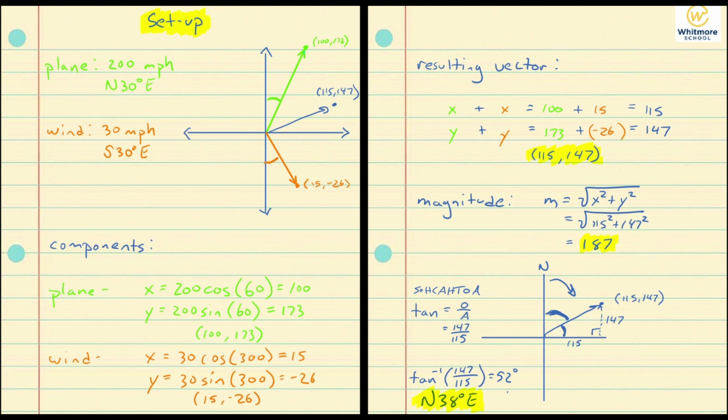We can go through this process the exact same way pretty much for all of these problems, finding the components of the plane, the components of the wind. Then we add the x components together to get the resulting x component. We add the y components together to get the resulting y component. And then I use those to calculate the magnitude. And I can then also use those to calculate the bearing.